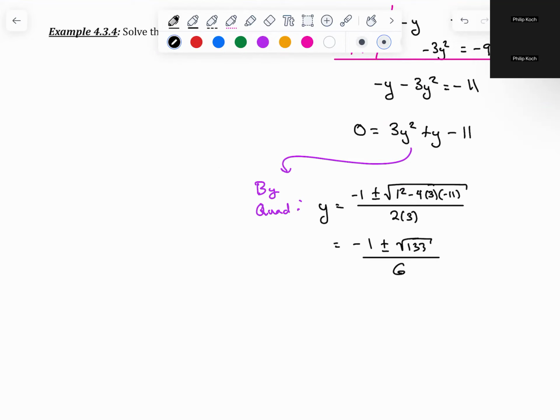That's going to be approximately 1.755427. And then the other version, the minus version, is negative 2.08876.